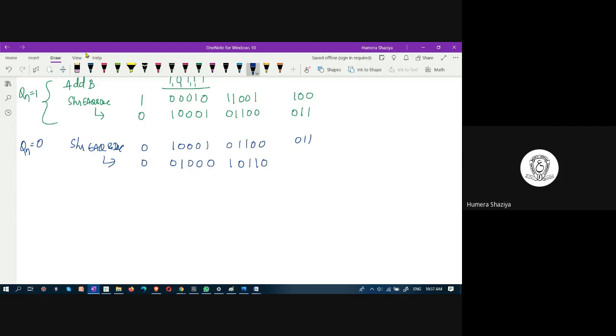This is decremented to 0 1 0. This is Q.